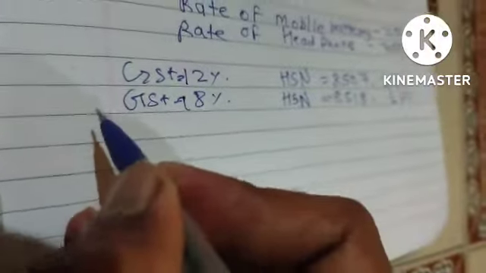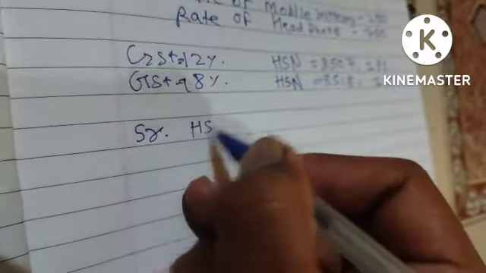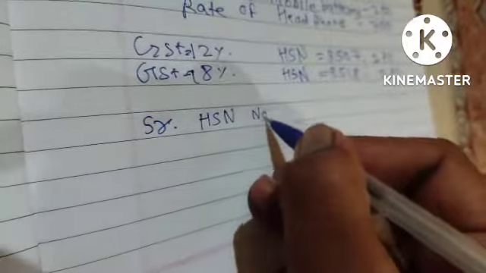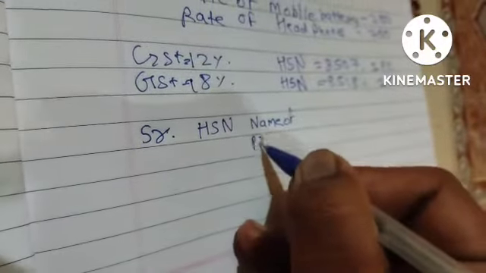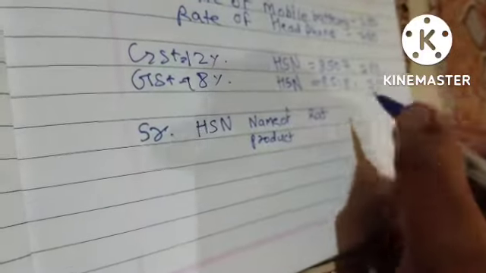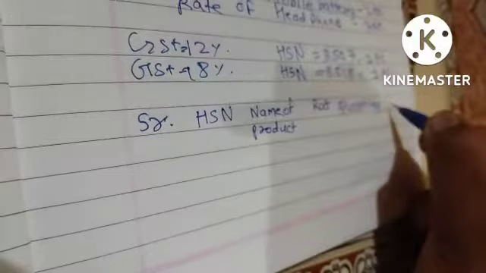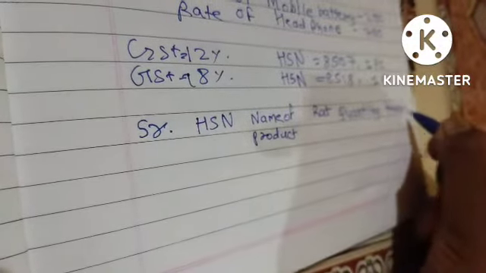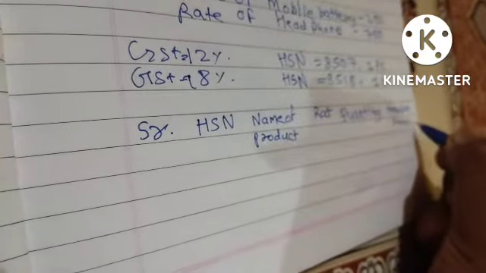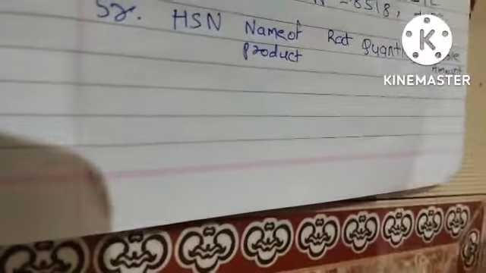You have to write the serial number, then HSN code, then name of product, rate, quantity, taxable amount, after taxable amount CGST, SGST, and then total.